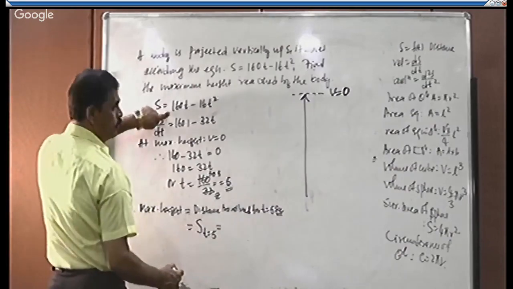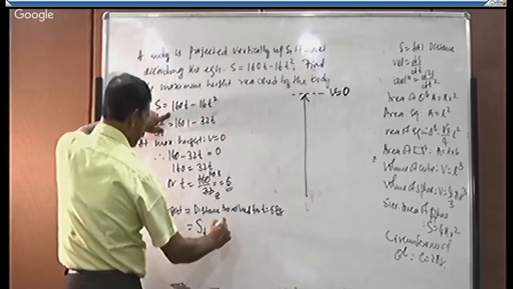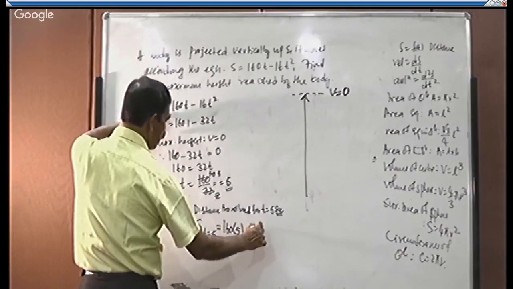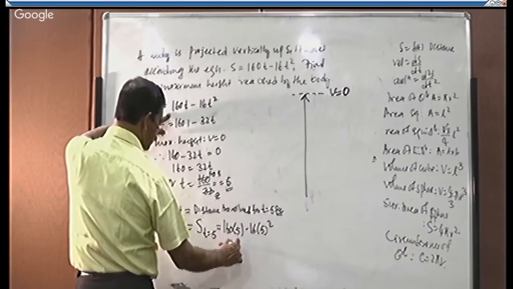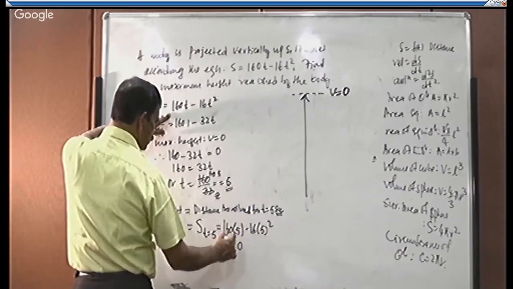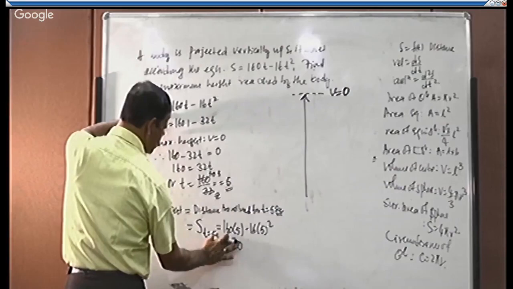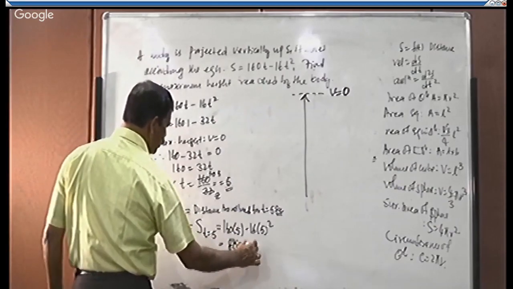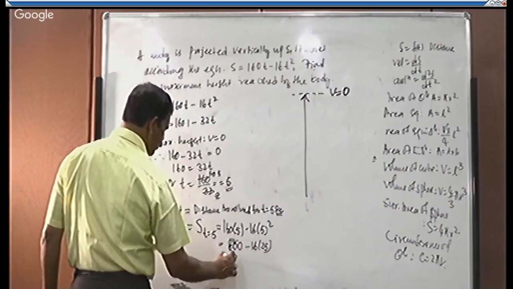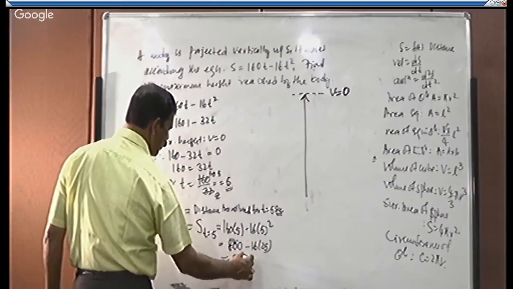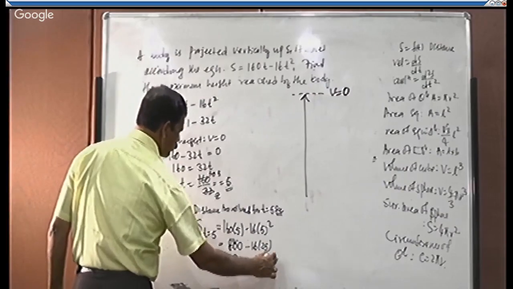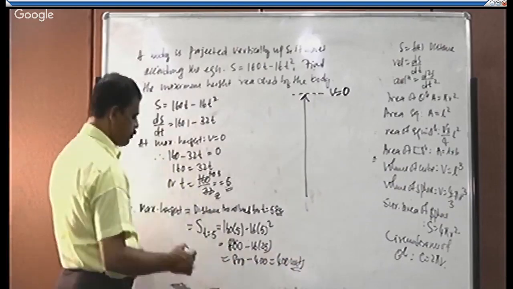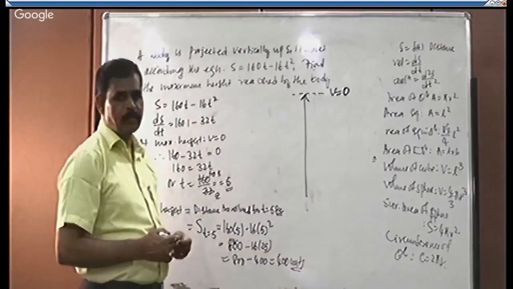Substitute in S. S is distance traveled, correct? 160 into 5 minus 16 into 5 square. 160 into 5 is 800. 16 into 5 square is 16 into 25, which is 400. So 400 units of distance is the maximum height reached by the particle.